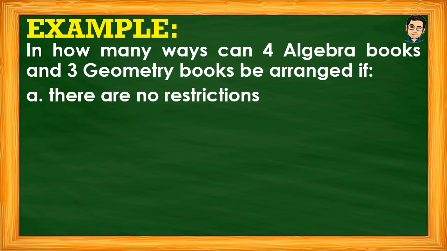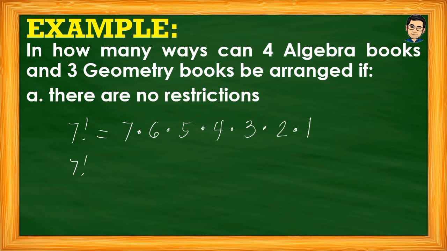So, to do that, i-add lang po natin yung bilang ng algebra at saka geometry books. That is 7 factorial. So, 7 factorial is equal to 7 times 6 times 5 times 4 times 3 times 2 times 1. Okay.